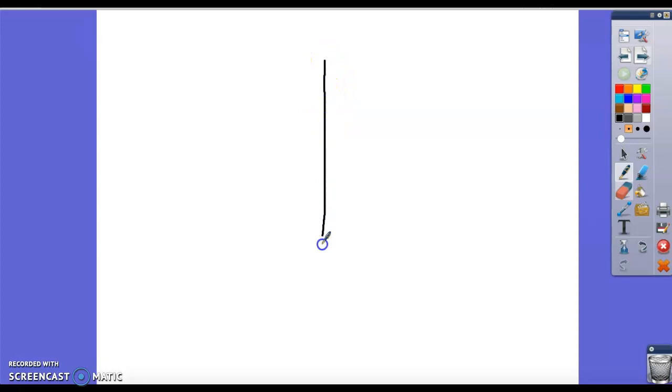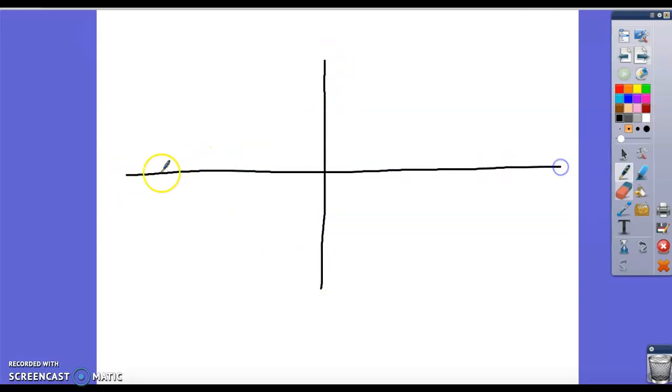The direction said we're graphing it in a viewing window that goes from negative 3 pi to positive 3 pi, and our y goes from negative 4 to positive 4.